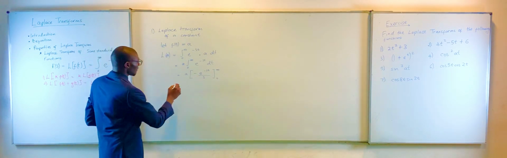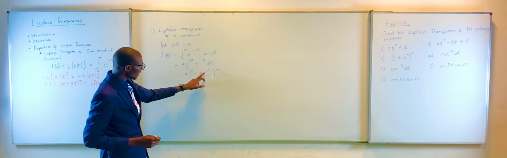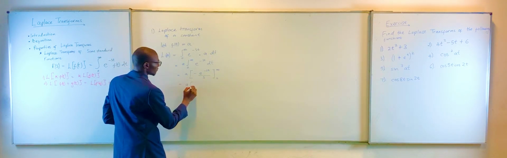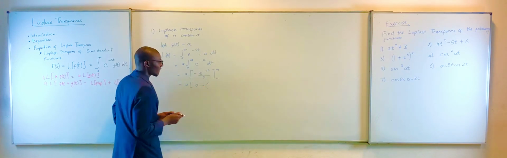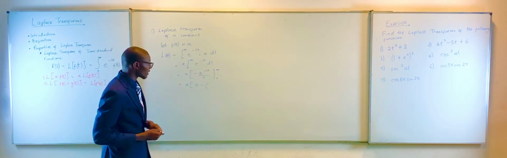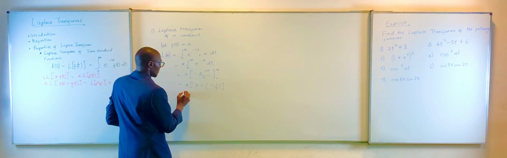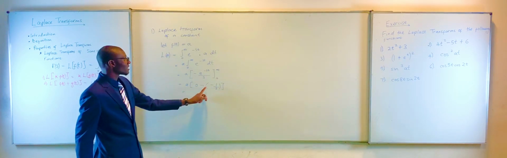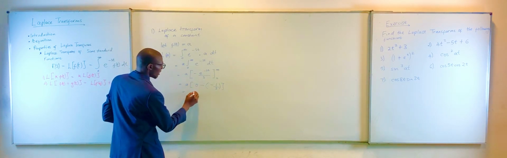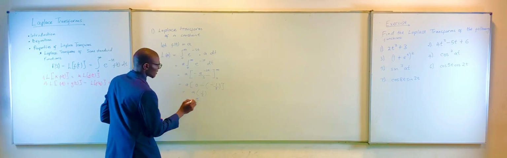Then, if we substitute the limits, e to the power minus infinite will simply give us 0. Now, if we substitute 0, e to the power of 0 is 1, so this will be minus 1 over s. But we've got a minus and a minus, which will give us a plus. So that will be a multiplied by 1 over s, which is simply a over s.